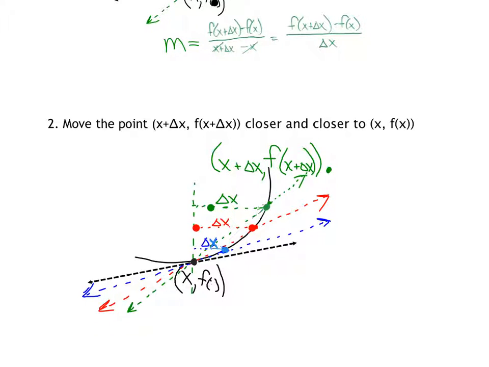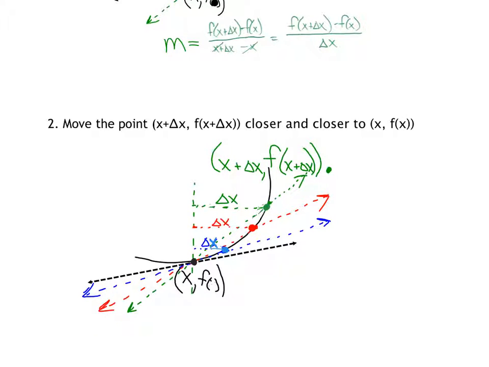Now, as we saw with the ball, which of the three points that you see here is going to give us the closest approximation of the velocity right at the point x, f of x? Yeah, the blue one, because it's the closest of those three.